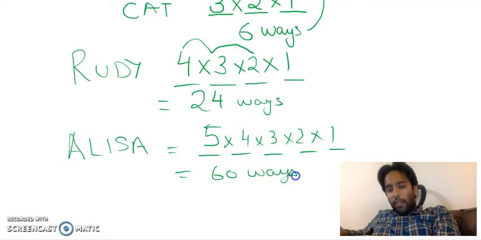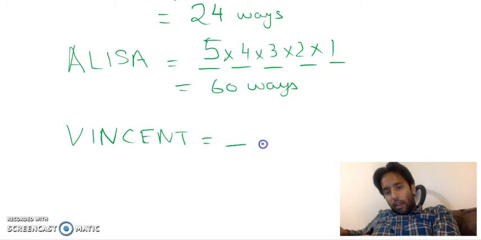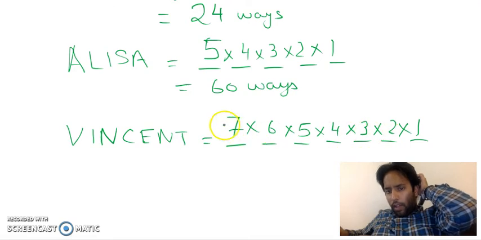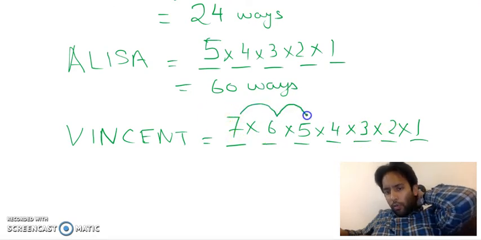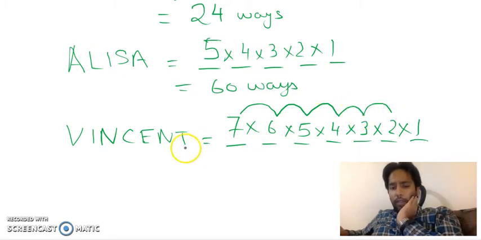And finally, Vincent, our 7-letter word, is 1, 2, 3, 4, 5, 6, 7. 7 for the first place, 6 for the second, then 5 for the third, 4 for the fourth, 3 for the fifth place, 2 for the sixth place, and 1 for the last place. 7 times 6 is 42, 42 times 5 is 210, 210 times 4 is 840, 840 times 3 is 2520, and 2520 times 2 is 5040 ways in which Vincent's name can be written.